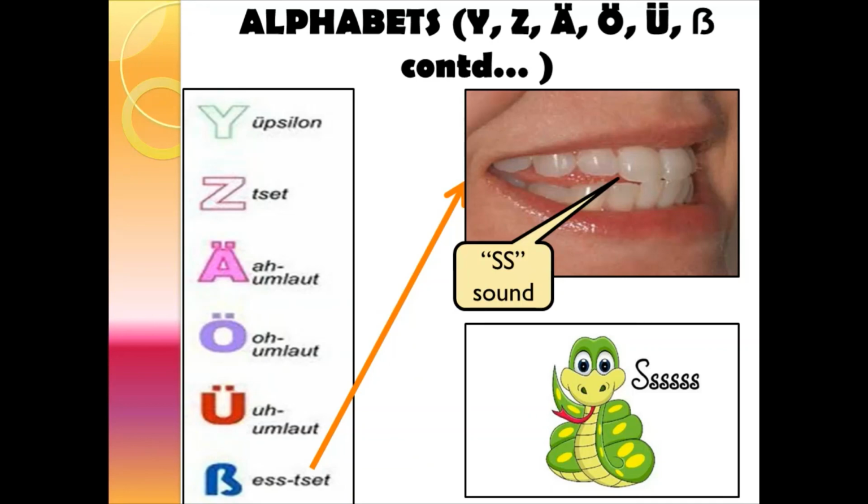And this double S sound you might have heard in everyday life if you have ever come across a snake, and the snake sounds just like this when it is hissing.